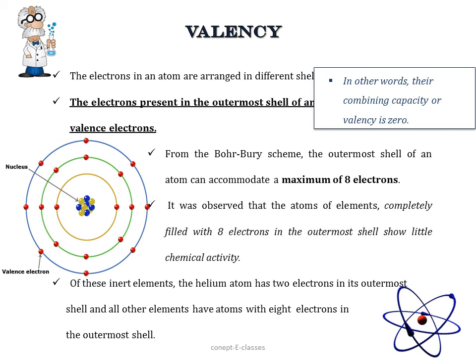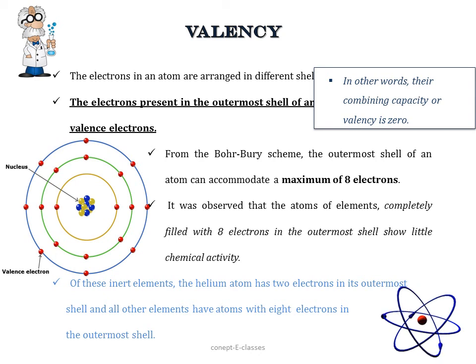And it is also observed that all those atoms which are completely filled with 8 electrons in the outermost shell show no chemical activity or chemical reaction, as these electrons would have much more energy compared to the electrons inside the inner shells. Now, do you know what inert elements are?